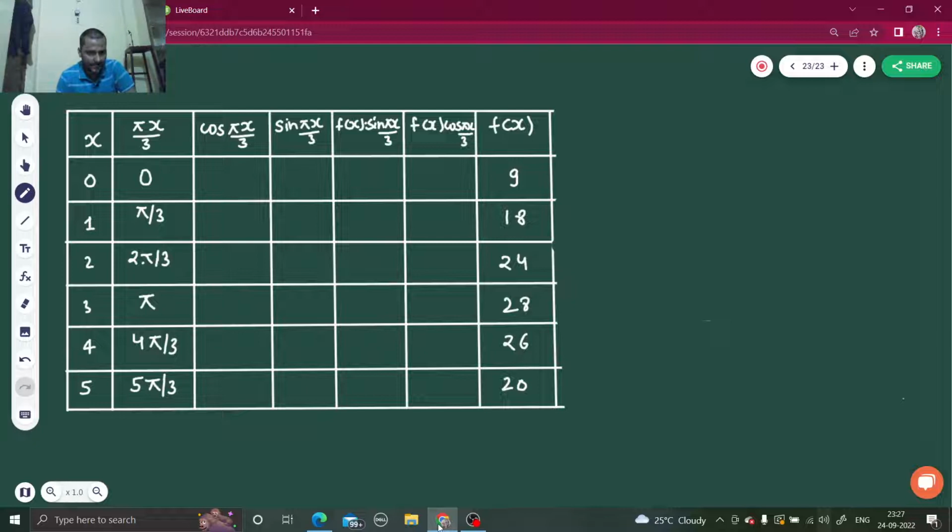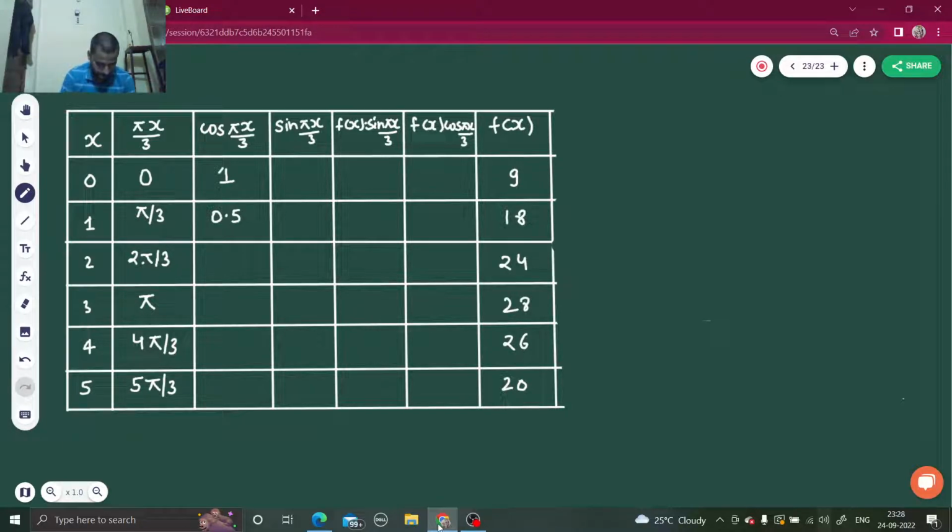So here I have simplified the value, putting different values of x. So cos 0 is 1. Cos pi by 3, that is cos 60, is half. I am writing that as 0.5. You have to calculate in decimals. I have already calculated the values. You can use the calculator that will be allowed in examinations.